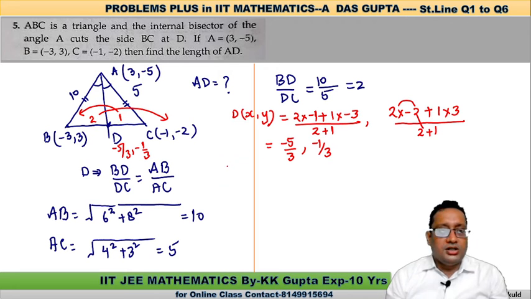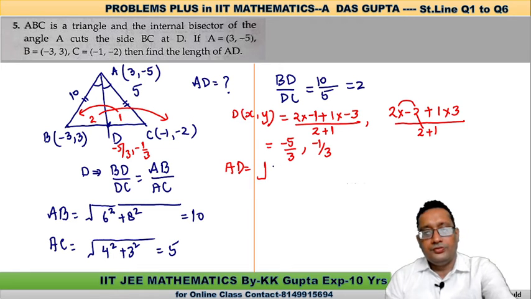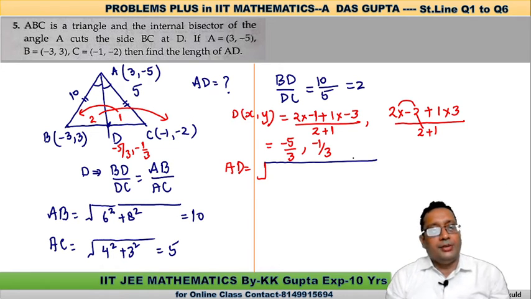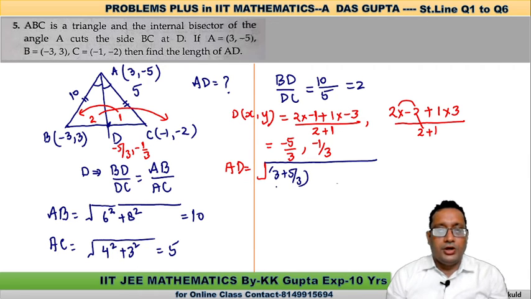Now I have to calculate the length AD. AD length is equal to under root of (3 plus 5 by 3) whole square, and the second one is (-5 plus 1 by 3) whole square.